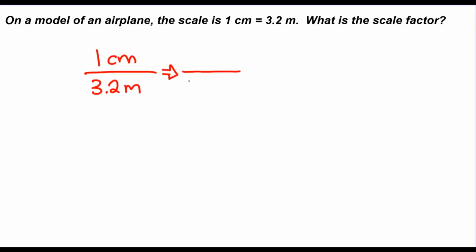So 3.2 meters would be 320 centimeters. So 1 centimeter is equivalent to 320 centimeters. So essentially these units go away. I don't need them anymore. So my scale factor is 1 to 320, meaning that the actual airplane is 320 times bigger than the model of the airplane.